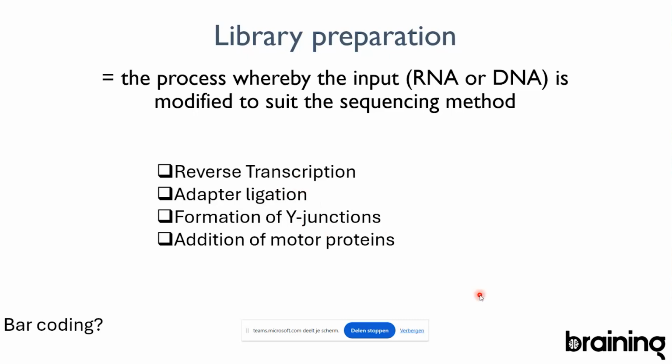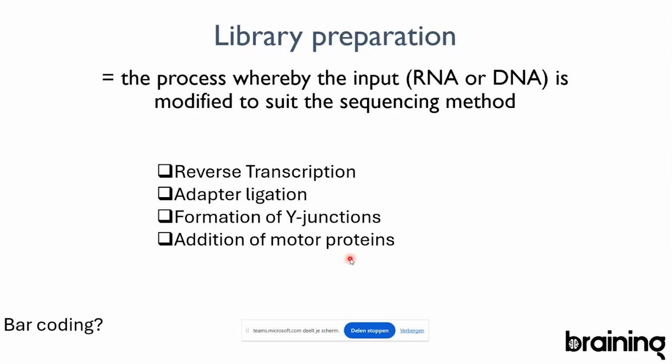You remember that for the nanopore, there is a motor protein that is present and that pushes the RNA or the DNA molecule through the pore. Well, not all RNAs or DNAs would be able to bind the motor protein by themselves. So what you do is you include some sequences that are able to recognize those motor proteins, and then you add the motor proteins by themselves, right?